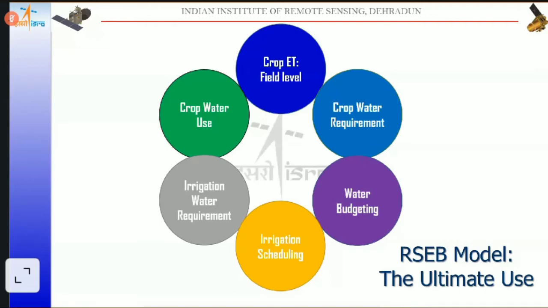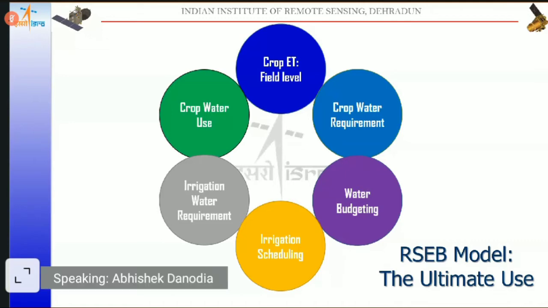Then irrigation water requirement: if I want to know it, I have to know the total precipitation, runoff, leaching, or other kinds of losses. Then I can manage the total irrigation water requirement of the particular field as well as the area. And if I know the crop transpiration at field level, then I can easily calculate the seasonal crop water requirement for the particular crop or area.